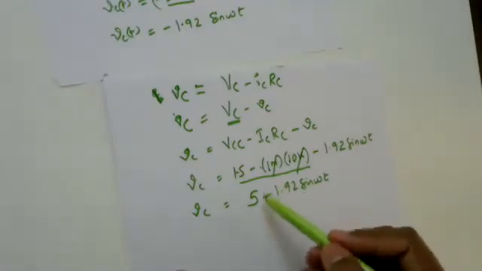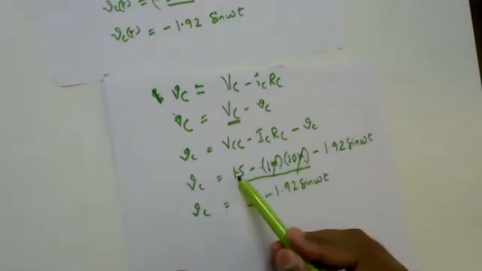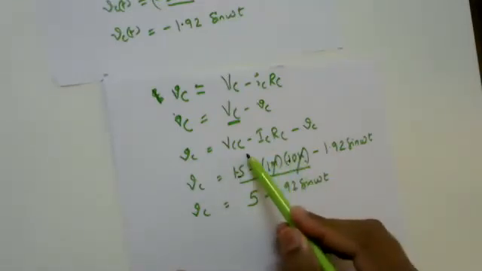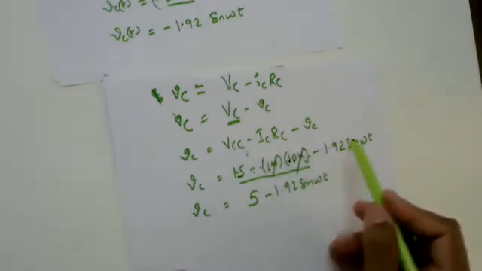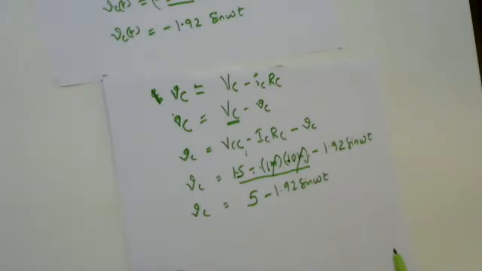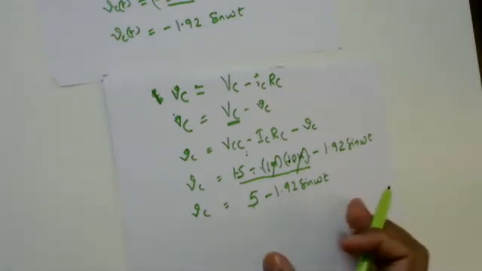You will not get a plus symbol because milli and kilo get cancelled. 15 minus 10 is 5. 5 minus this term. This is proper. So you should get this as 5 minus 1.92 sine omega t.